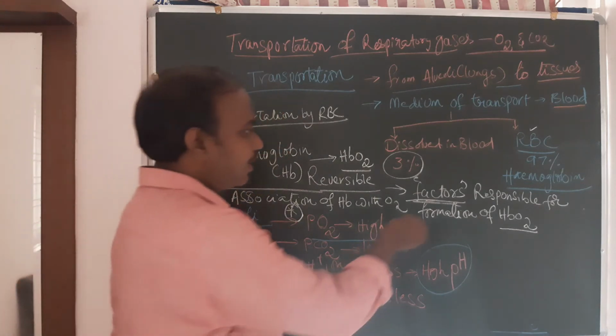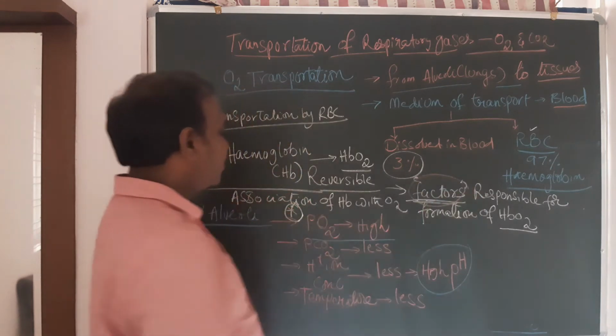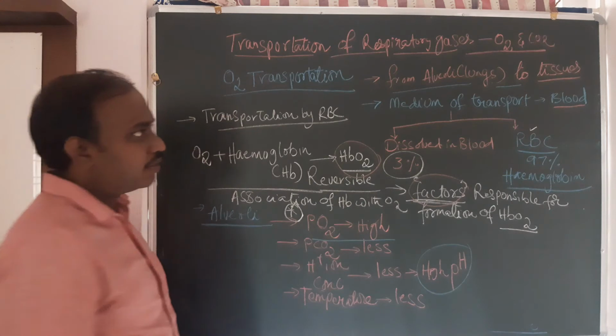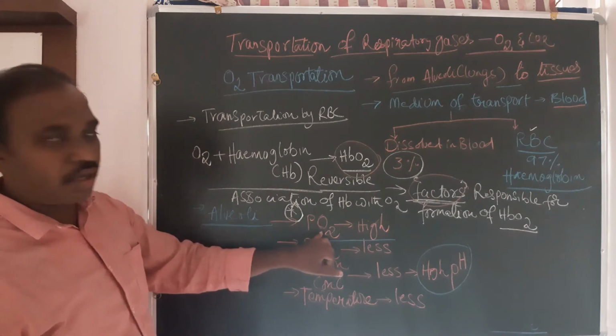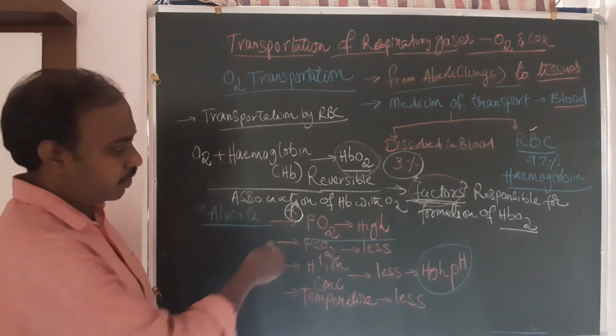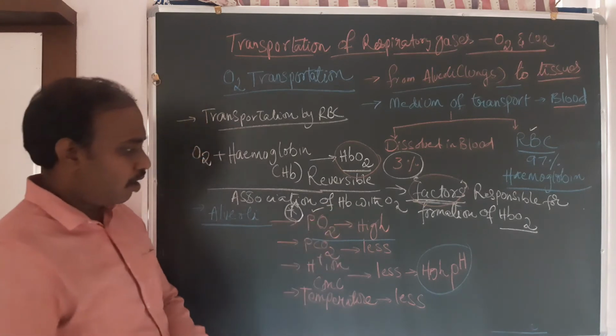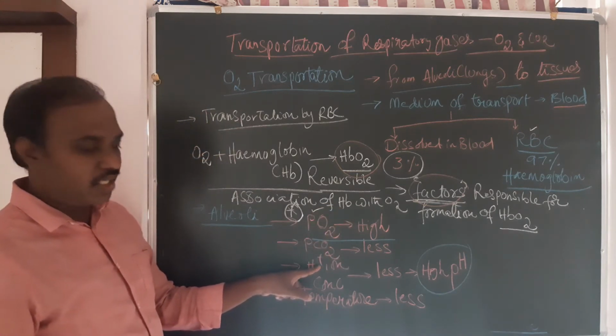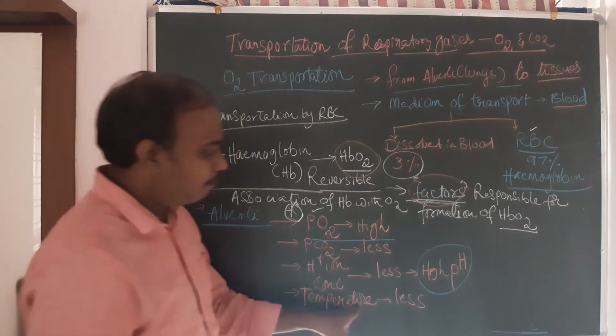Now, what are the factors influencing the formation of this oxyhemoglobin? The factors influencing the formation of oxyhemoglobin are four: partial pressure of oxygen, partial pressure of carbon dioxide, H plus ion concentration, and temperature.